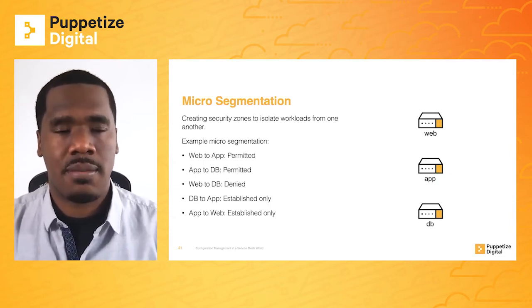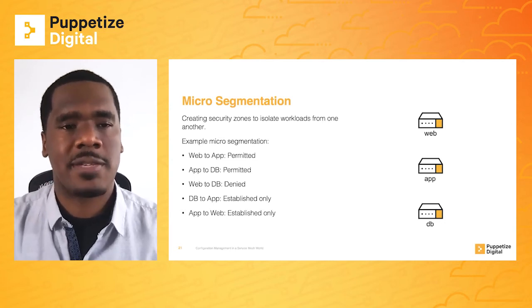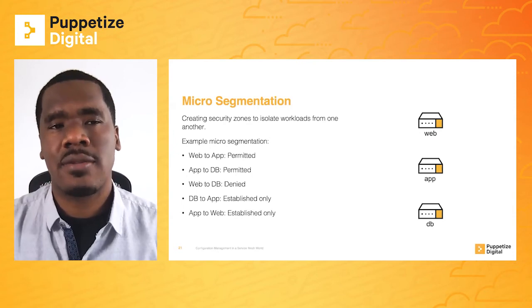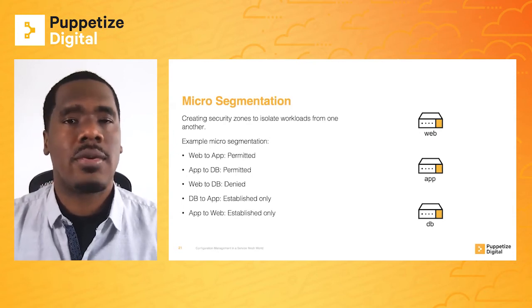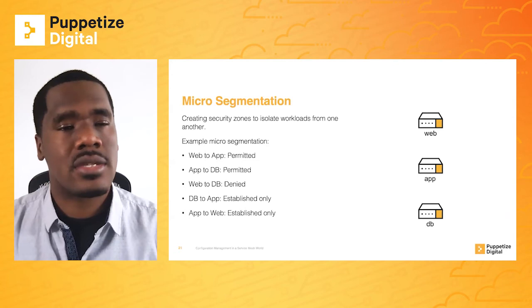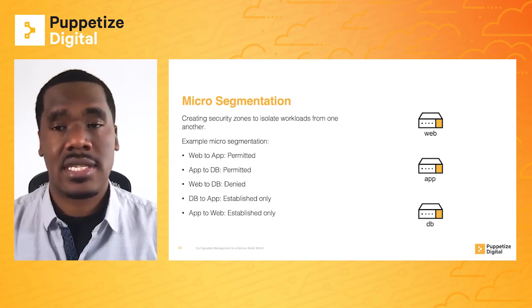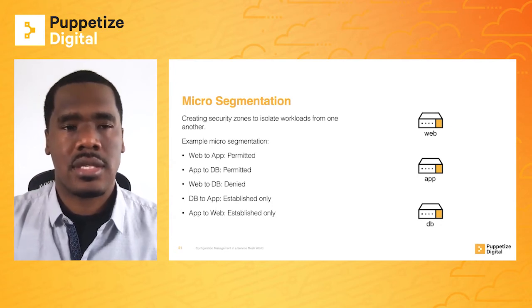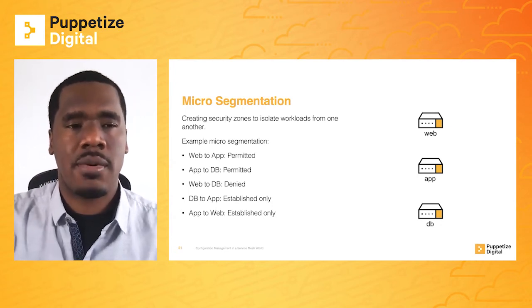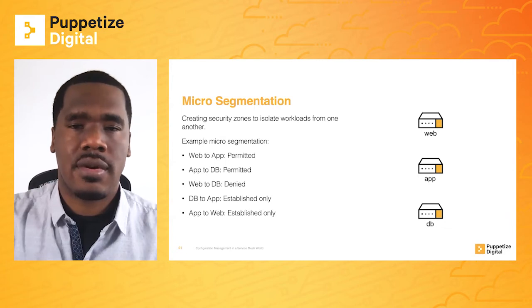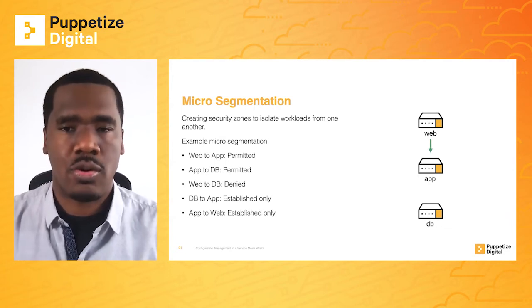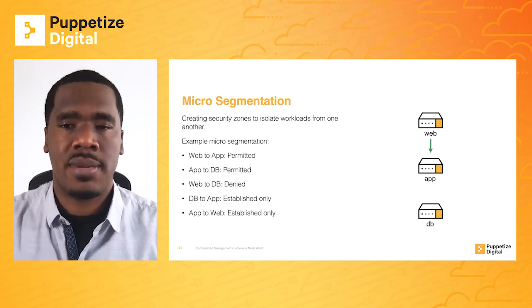Security groups in most cloud environments, from a best practice perspective, is to leverage the idea of microsegmentation, which is only grant applications or workloads the network access that it needs, nothing more than what it needs. And so in this particular example, the web server is permitted to talk to the application server because that's what we expect normal communication or traffic to be.